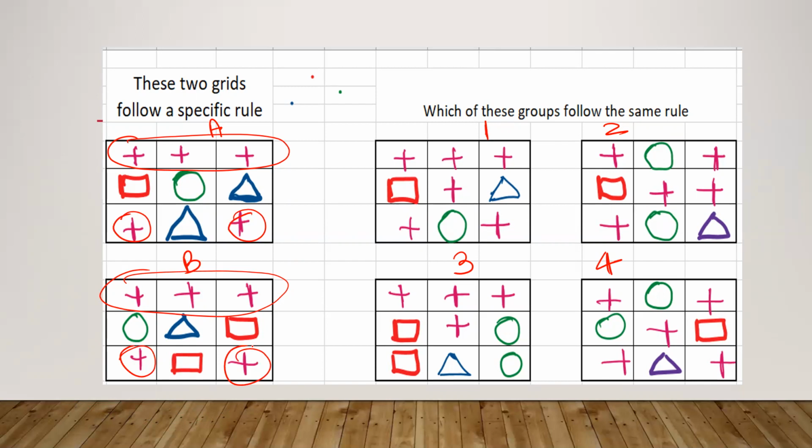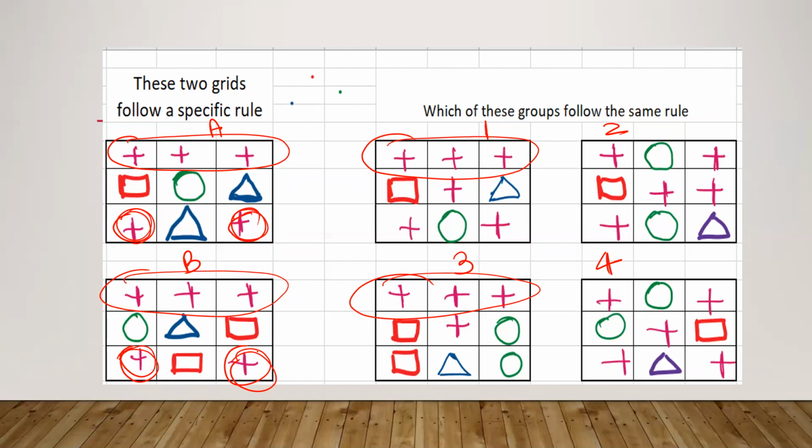Now if I see row wise, the first row, so this first and third, that will be my answer. If I see this plus and plus, then maybe I can say 1 and 4. But I'll not give preference to that first.